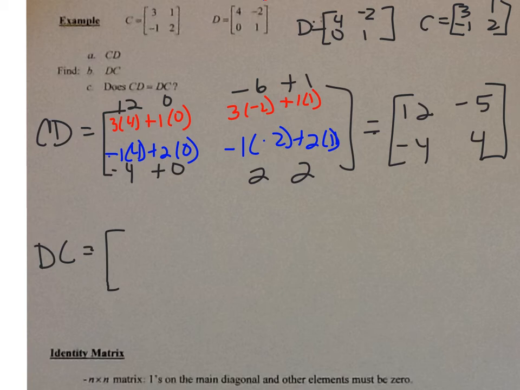All right, so it's going to be 4 times 3 plus -2 times -1. And then I'm going to do 0 times 3 plus 1 times -1.